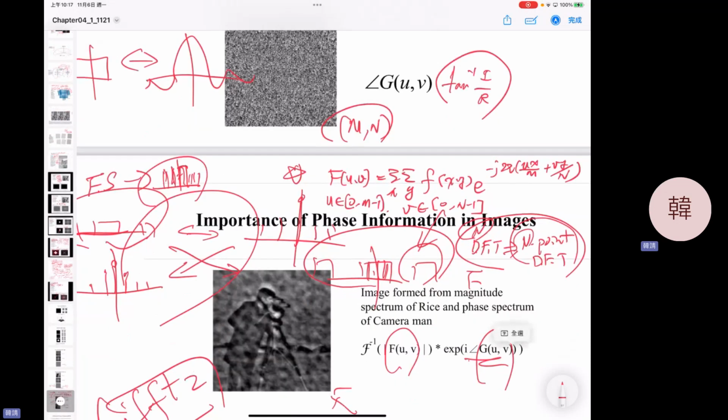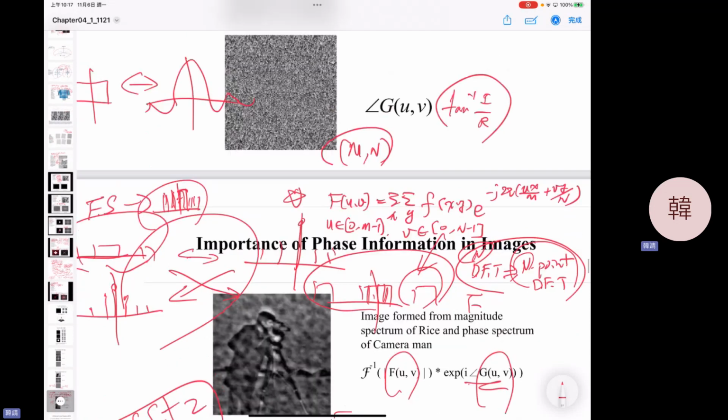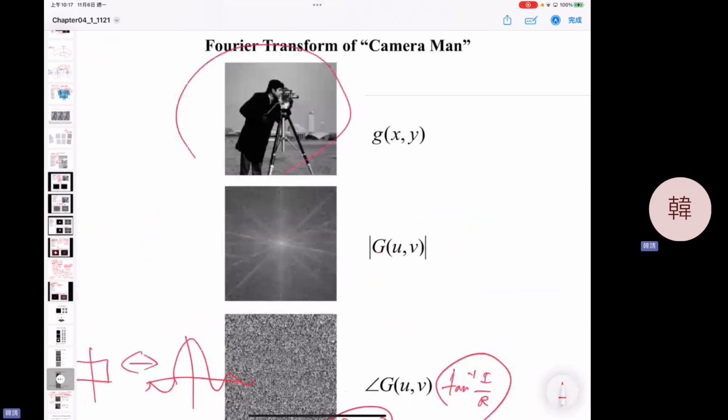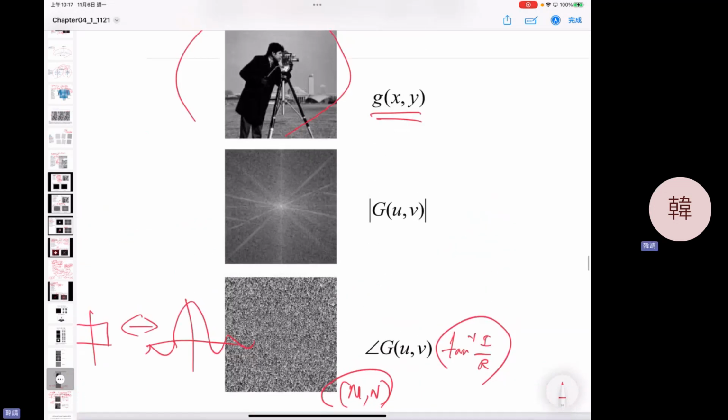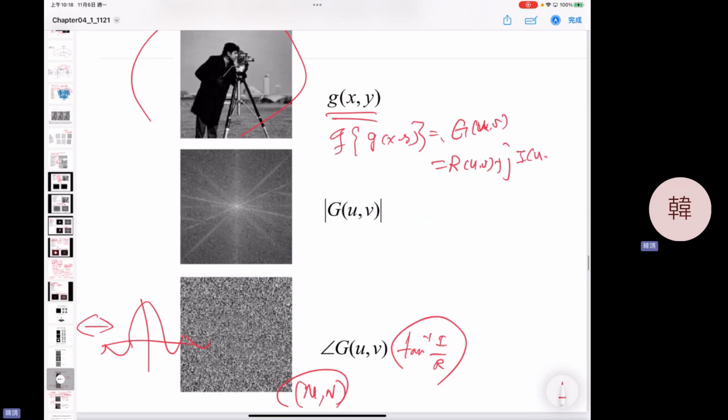So every image you can change to the frequency domain and look at its frequency distribution. For example, g(x,y) is an image, discretized and then transformed using this two-dimensional DFT into the Fourier domain, and you will have the Fourier transform of g(x,y), which becomes G(u,v). We can write it as the real part and the imaginary part of the frequency spectrum.